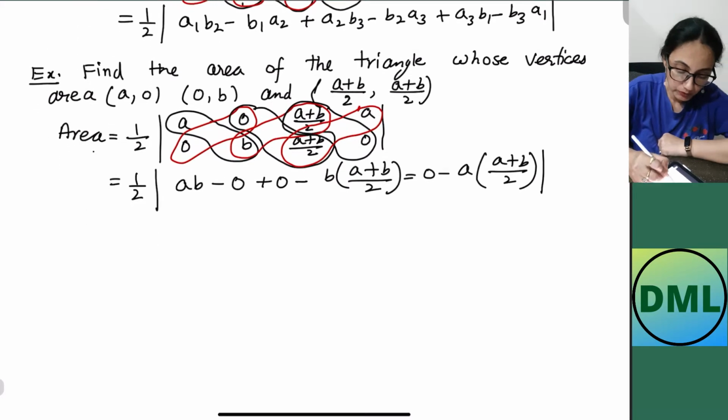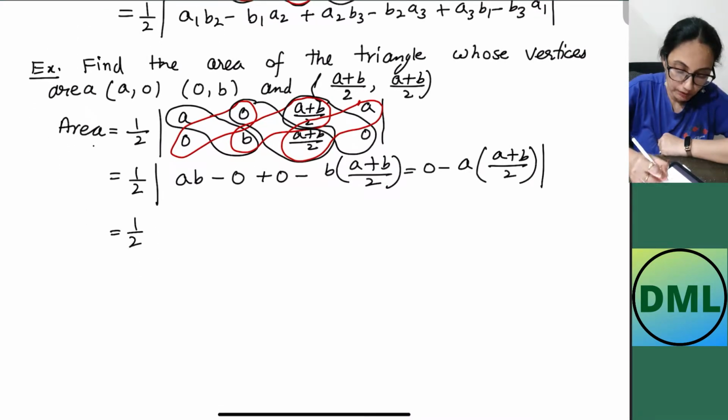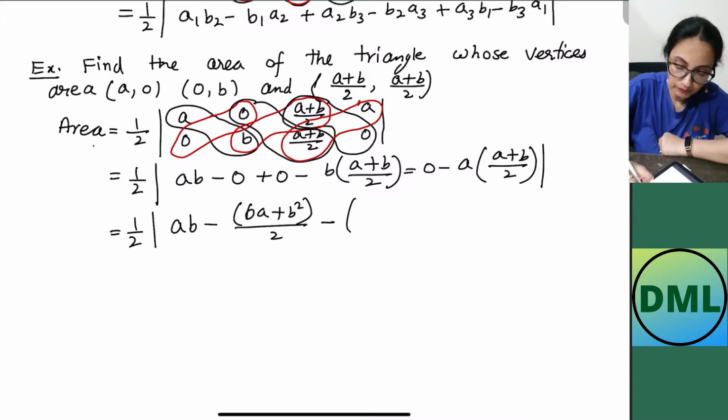Now how are we going to solve it? That is equal to half mod of ab minus, if I open the bracket, it will be ba plus b square by 2, minus, open the bracket here again, a square plus ab by 2.